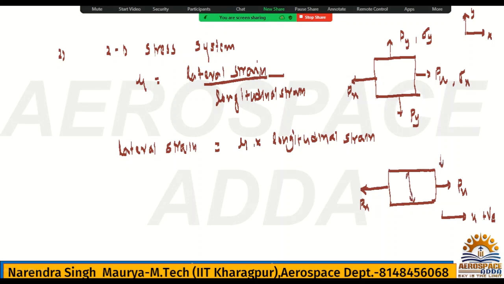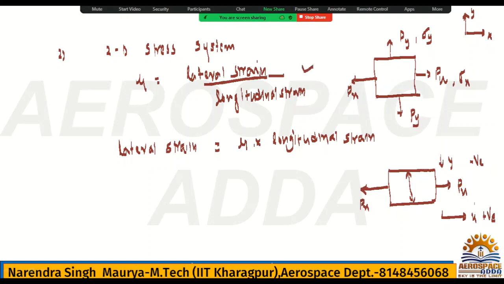Why? Because we have elongation. So in this y direction the deformation will be negative. And how did you understand this? That was the relation between the Poisson ratio and the lateral and longitudinal strain. So how will you measure this y direction strain? With the help of this formula, Poisson ratio is equal to lateral strain divided by longitudinal strain.